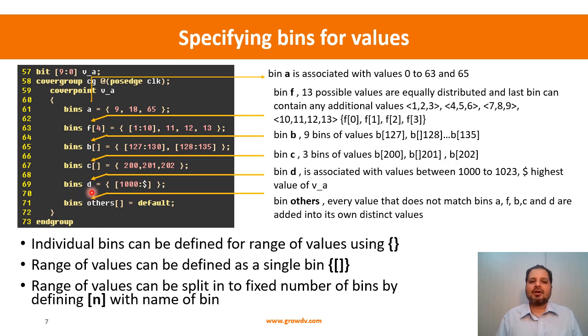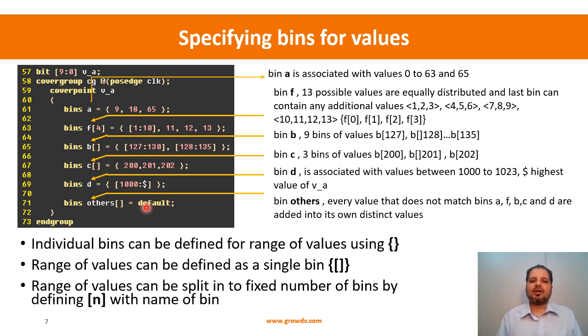Okay, and let's look at the last one. In the last one, I am saying bins D equal to 1000 to dollar. Dollar means the highest value of VA, which in this case, since it's 10 bit, can go up to 1023. So now from 1000 to 1023, for each of the values it's going to create a bin in D. And then the last one we have is the bin others, which is the default one that we had specified, and we are using it over here.